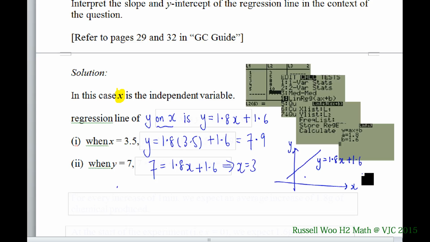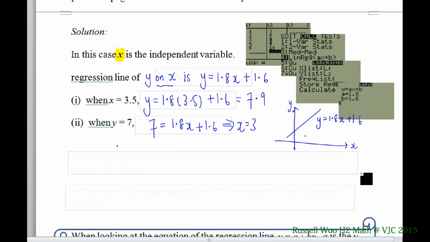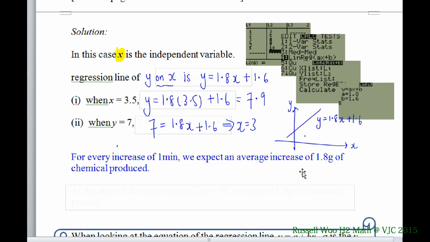Follow? In the context of the problem, I must conclude in the context, okay? So for every increase of 1 minute, you expect an average increase of 1.8 gram of chemical produced. That's essentially it. So you conclude in context. For every increase of 1 minute, we expect an average increase.